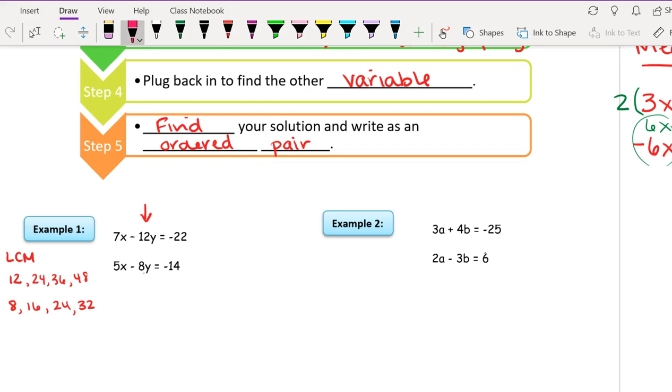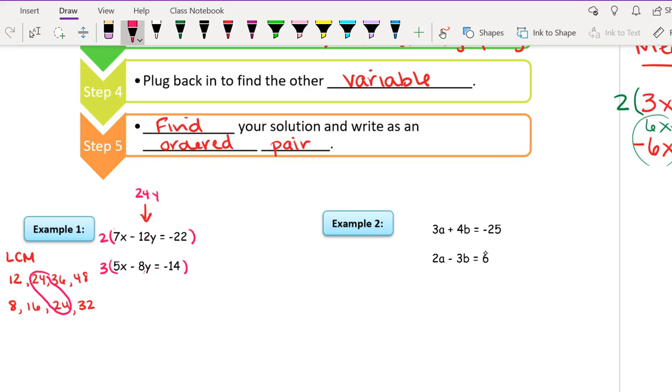What number's on both lists? 24. So if I multiply the top equation by 2, 2 times 12 is 24. If I multiply the bottom equation by 3, 3 times 8 is 24.